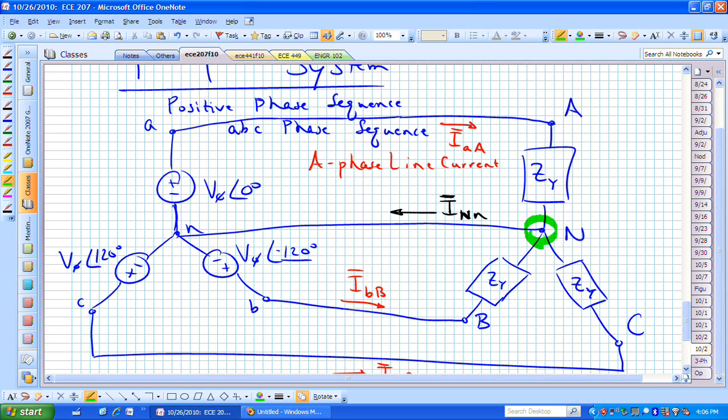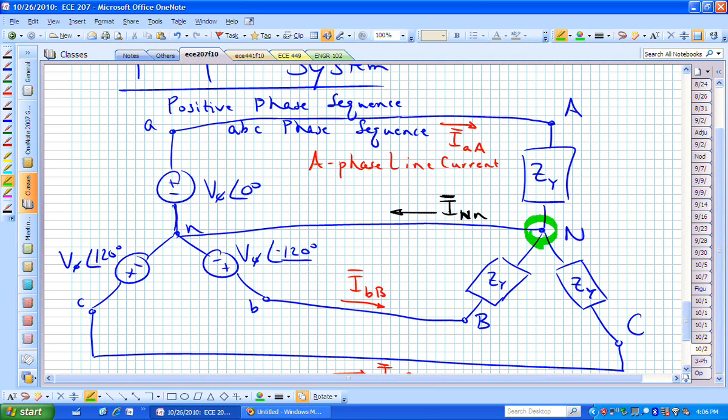There's a node, isn't it? The algebraic sum of the currents at that node, you can't have current accumulating at a node, can you? KCL has to be satisfied. At that particular node, we know the currents leaving that node are in the neutral line. The currents entering are all coming from the three different phases.